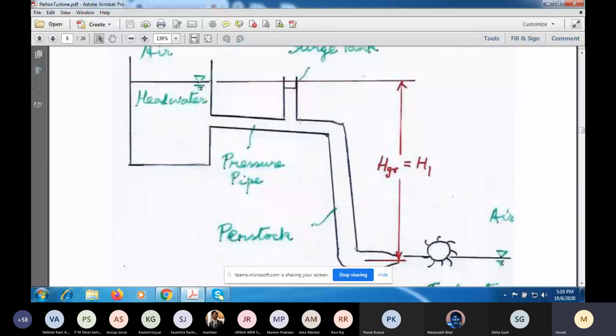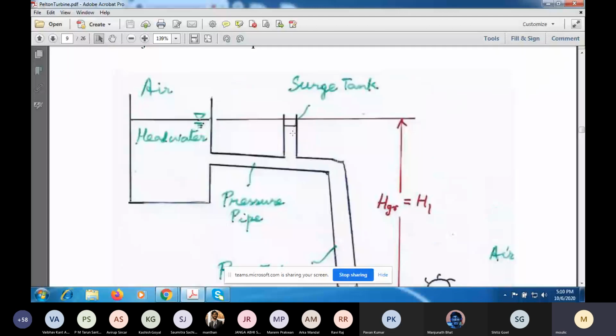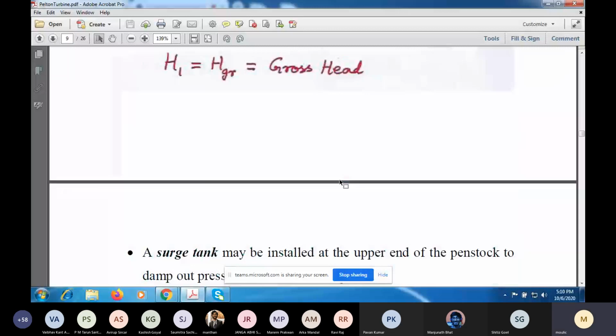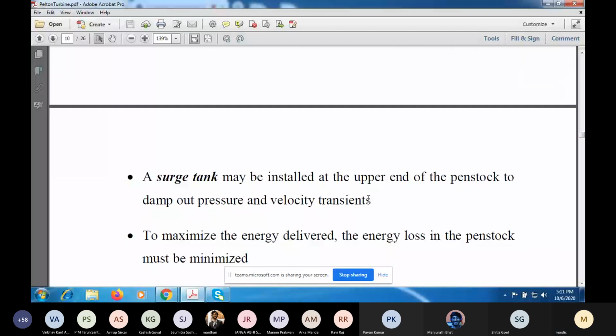If you have a tank over here, the water in this tank will go up and down and kind of stabilize the situation and damp out these transients during load changes. Okay. So what is the impact of the load, that we'll discuss later.